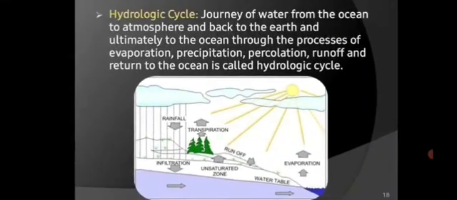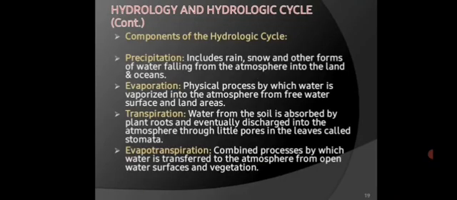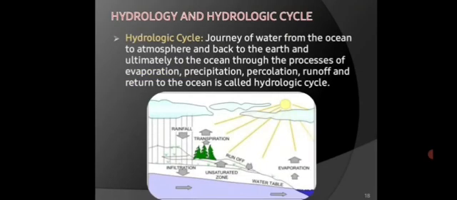Again, due to evaporation and transpiration, water circulates from earth's surface to atmosphere and comes back to the earth's surface. So in hydrological cycle, that one sentence completes the hydrological cycle.